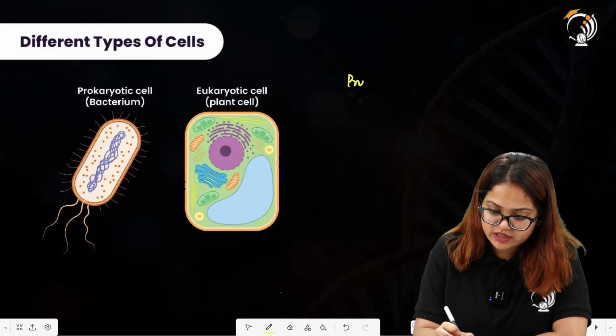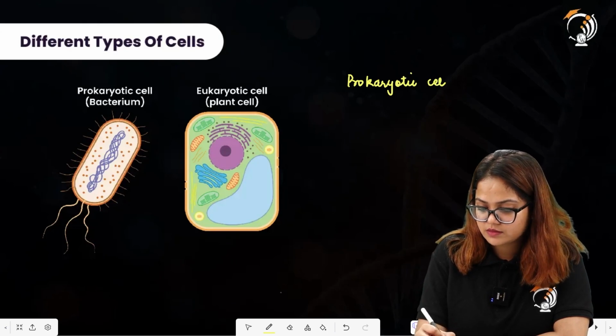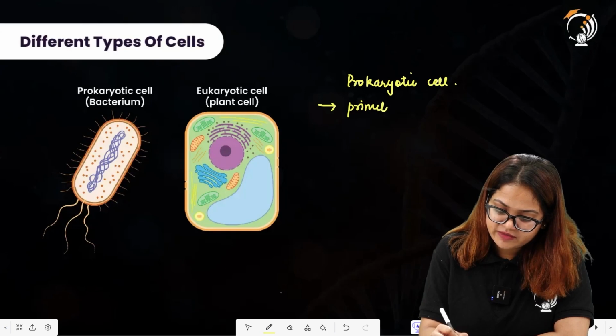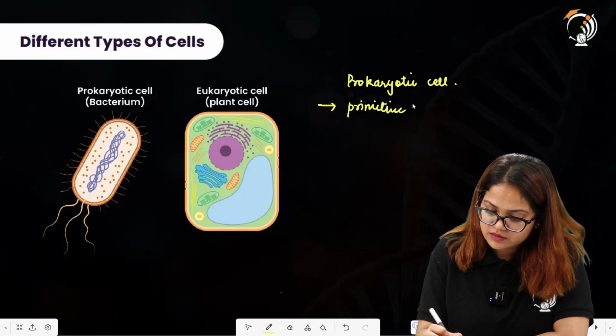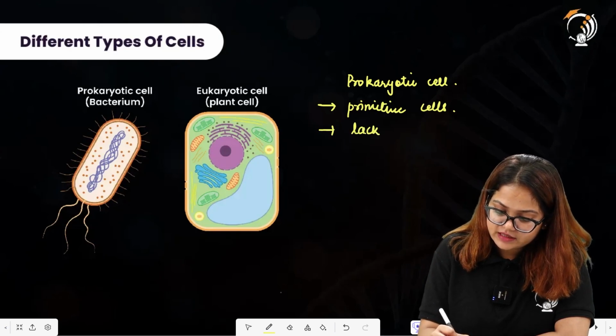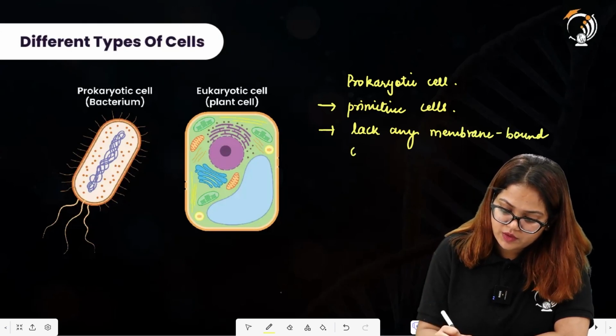the prokaryotic cells. These are the primitive type of cells. They lack any membrane bound organelles.